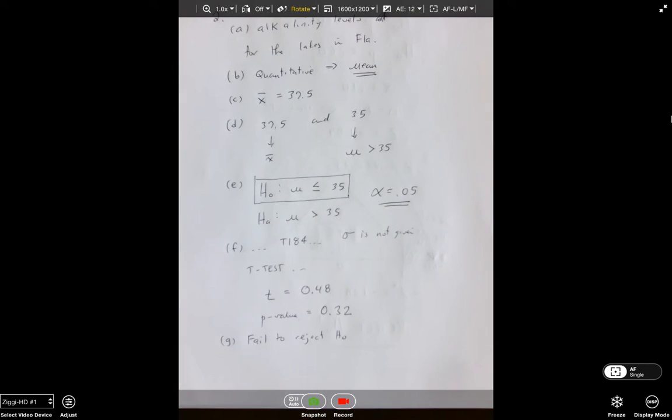Okay? Now, H, are the results statistically significant? Nope, they're not. Statistical significance happens when our p-value is less than alpha, when we get a reject.